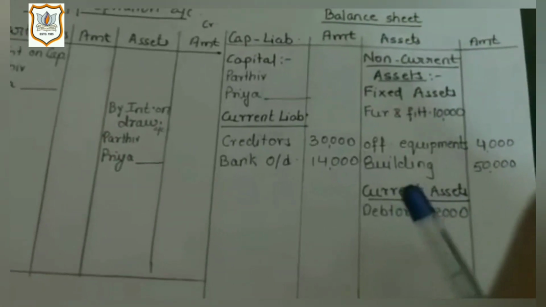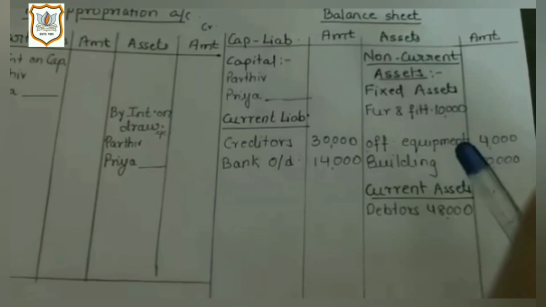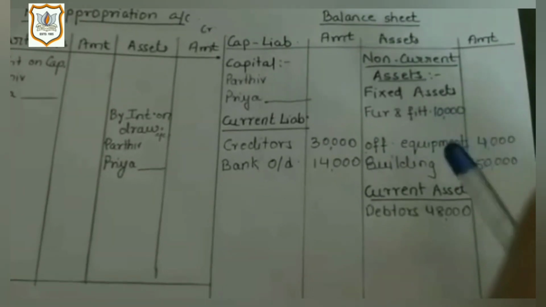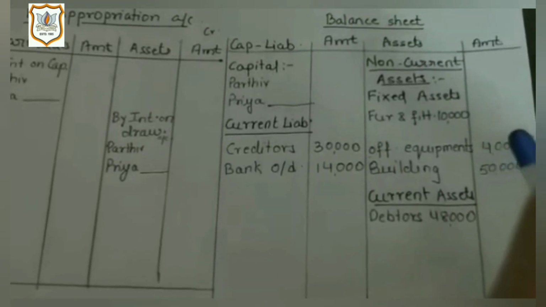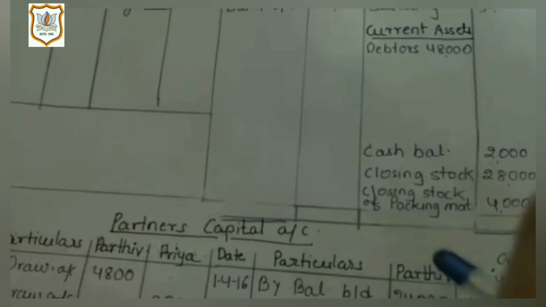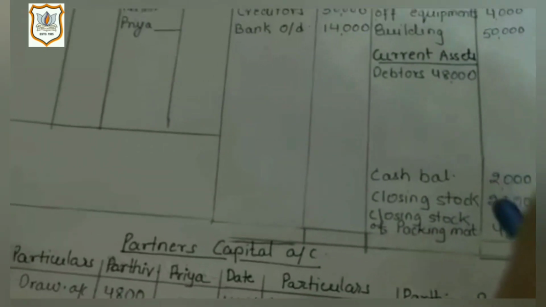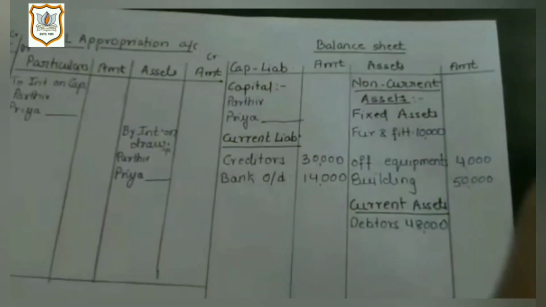Next item is office equipment. It is also one kind of fixed asset, so it will be recorded in balance sheet. Then packing material stock. Packing material stock means it is a closing stock of packing material. So closing stock will be recorded under the heading of current assets in balance sheet.